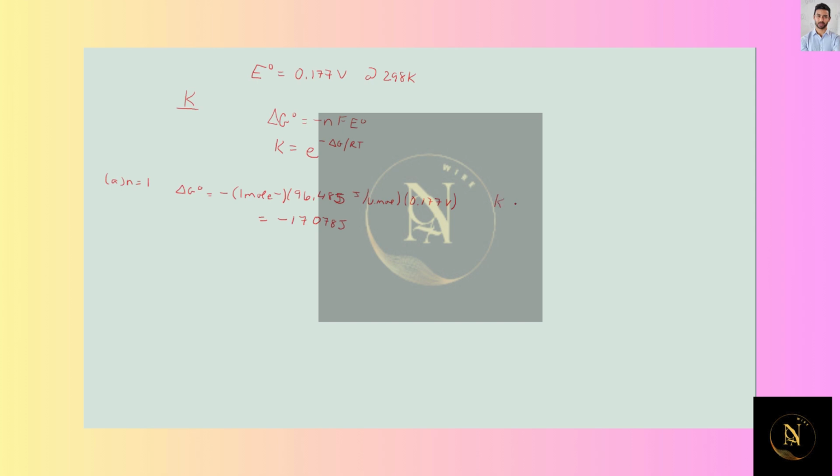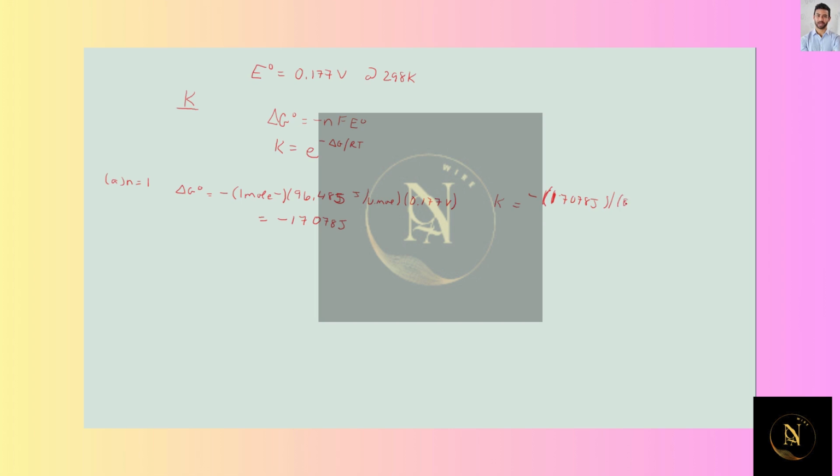So I get K is equal to e to the negative, and then another negative here, 17,078 joules divided by RT.